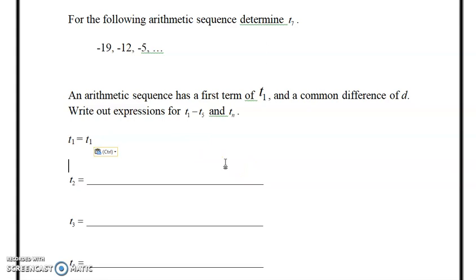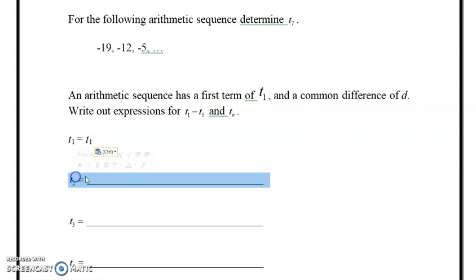However, how do we get to the second term? Well, the common difference that we determined in the previous example 2 is how we get to the next term. We've decided that D here is going to be plus 7. To get from negative 19 to negative 12, we have to add 7. So the first term we know is negative 19. To get to the second term, it's going to be term 1 plus the common difference.